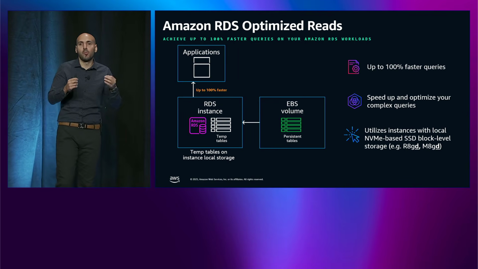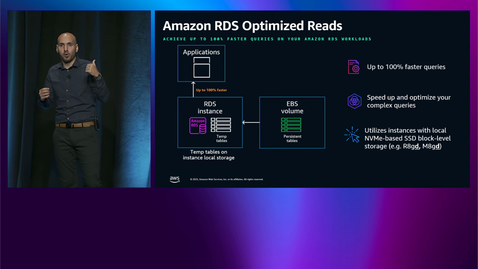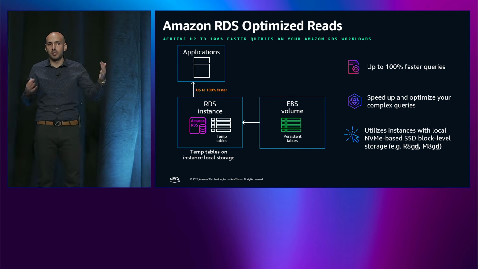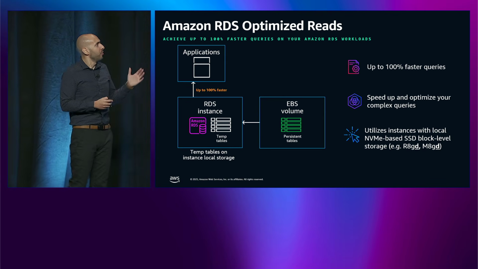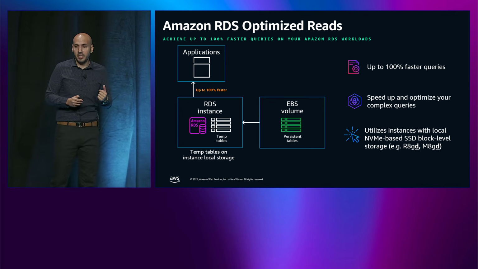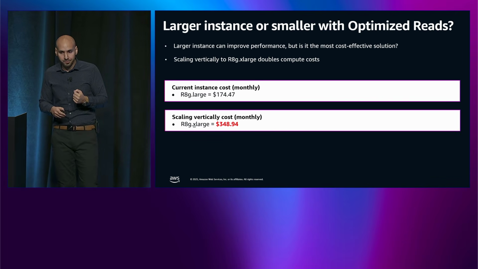And that could be a much more cost-effective approach to address this type of issue with slow reporting queries, instead of just scaling to a larger and larger instance, which may cost more money. So optimized reads, very, very recommended for this use case. And I highly encourage to use it for similar challenges.